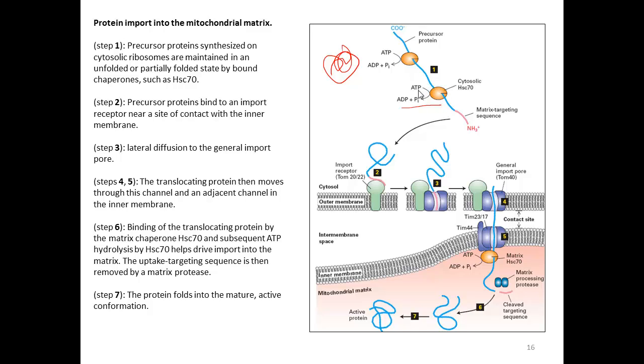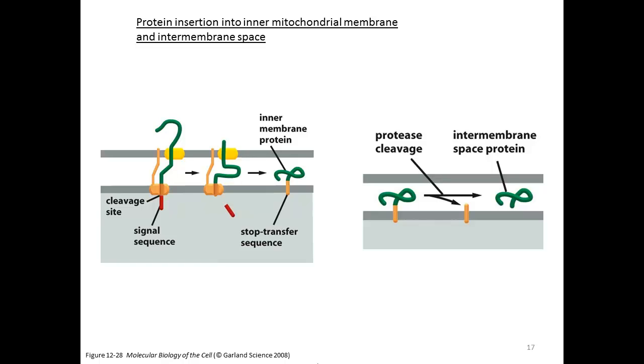In fact, they're transported by these chaperone proteins, interact with the receptor, and here we see a molecule which is, again, hydrolyzing ATP to pull the protein into the inner mitochondrial matrix. And in this case, the targeting sequence is cleaved off of the protein, having served its function for specifying the destination of the protein. And now the protein will refold and be ready to perform its activity. So that's how proteins get to the inner mitochondrial matrix.